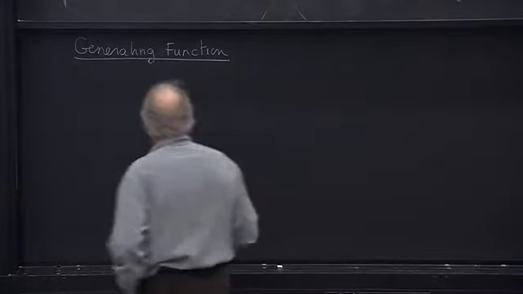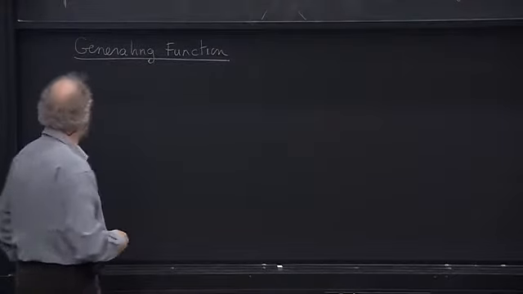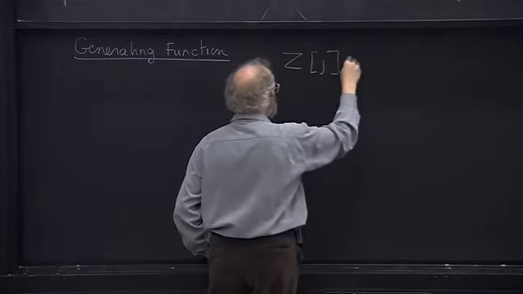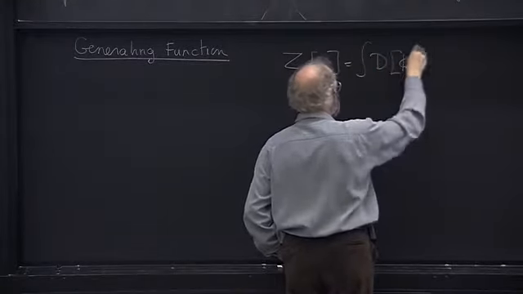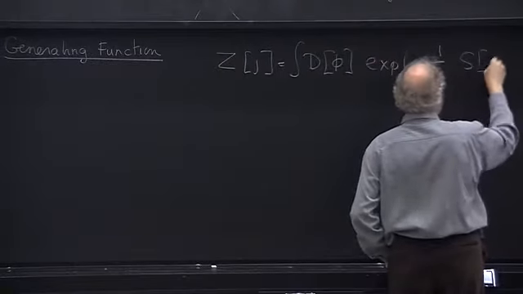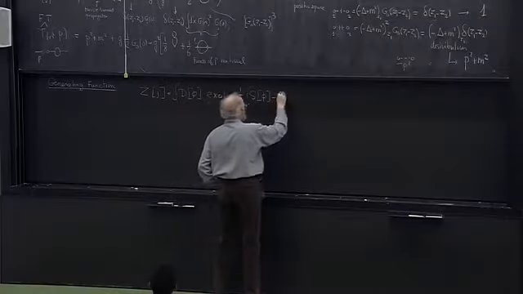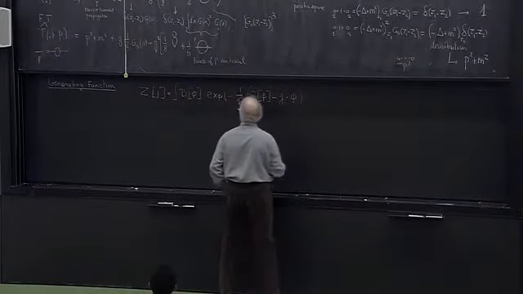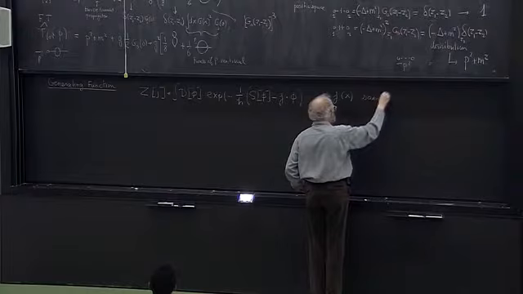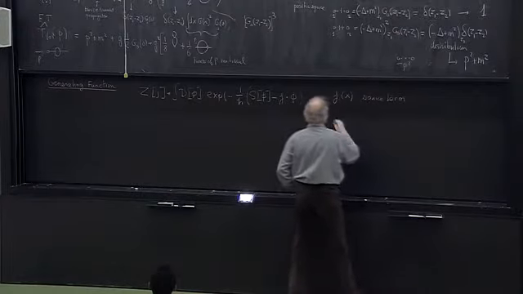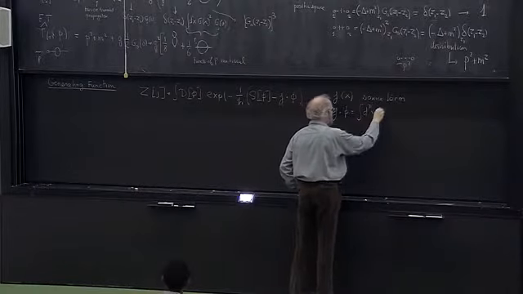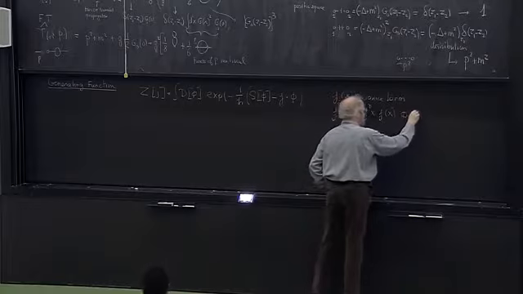I defined a function Z of g, which was just a functional integral over phi of the exponential of minus 1/h bar times the action of phi minus g dot phi, where g is a function, this is a source term, and g dot phi means the integral d^dx, g of x times phi of x. Okay?